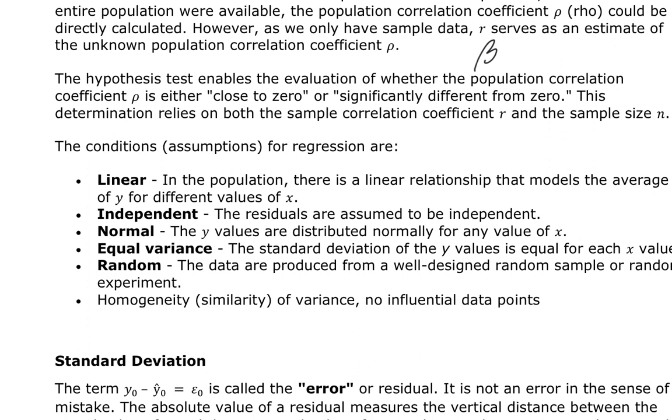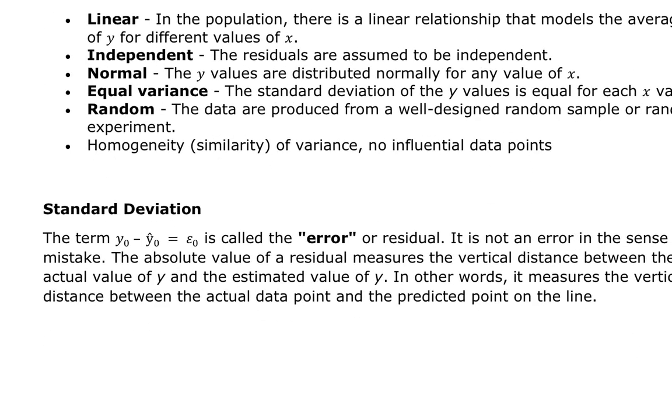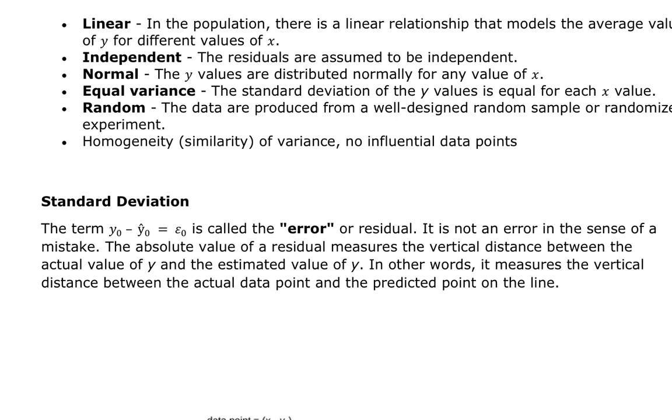As before, we are going to talk about the standard deviation. The standard deviation is called the error or residual, and it's not an error as in we made a mistake. It's the difference between what we observed, y, and y naught, the predicted value. That is the value predicted by the line of best fit, or the linear regression line.